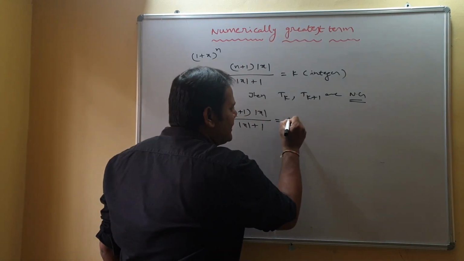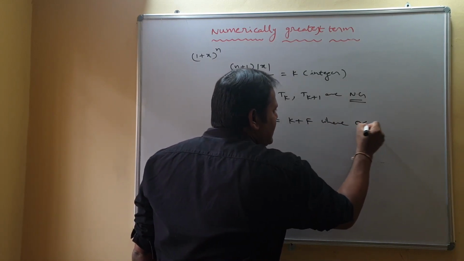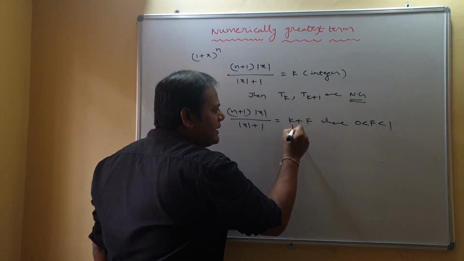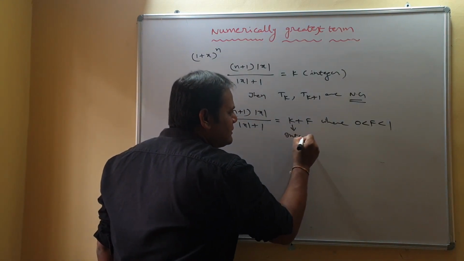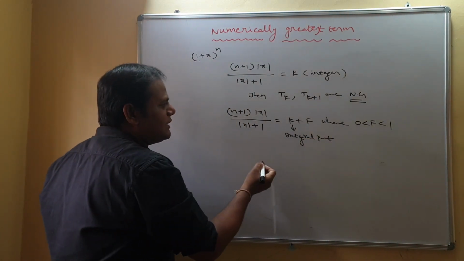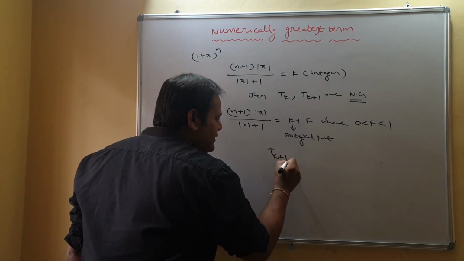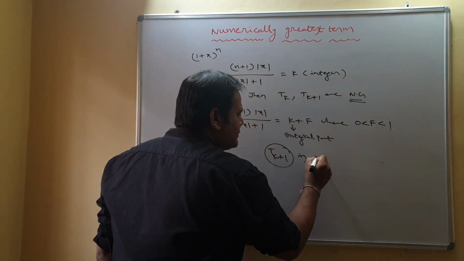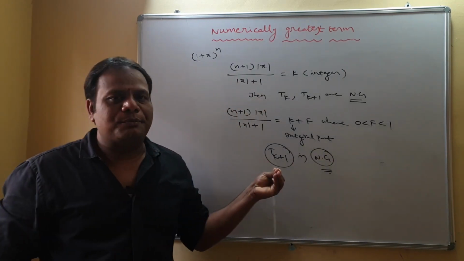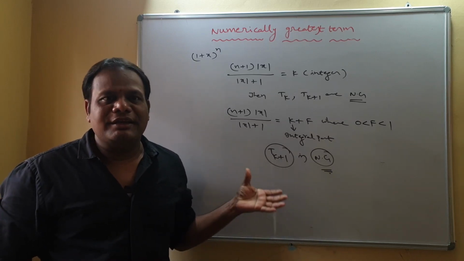So I am treating it like this, K plus F, where 0 less than F less than 1 is the fractional part and K is the integral part. This time, what is the numerically greatest term we learned? That is T(K plus 1). So by remembering this formula, we can easily answer questions related to the numerically greatest term.